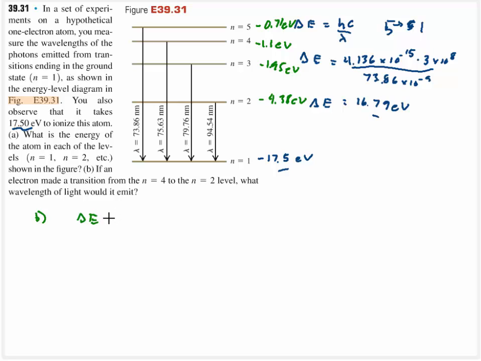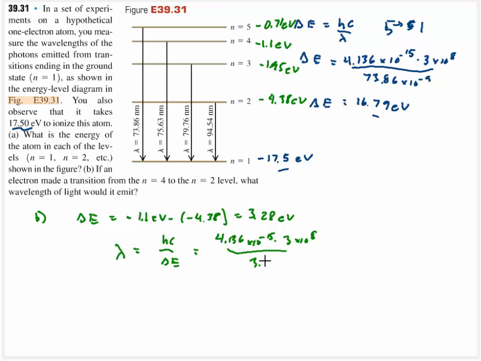Now for part B, we're looking at the 4 to 2 transition. Delta E is going to be equal to negative 1.1 eV minus negative 4.38 eV, and that's going to be equal to 3.28 eV. And so lambda is simply going to be equal to hc over delta E. Again, I'm going to use h in electron volts, so 4.136 times 10 to the minus 15th times 3 times 10 to the 8th divided by 3.28, and I'm going to get 378 nanometers.